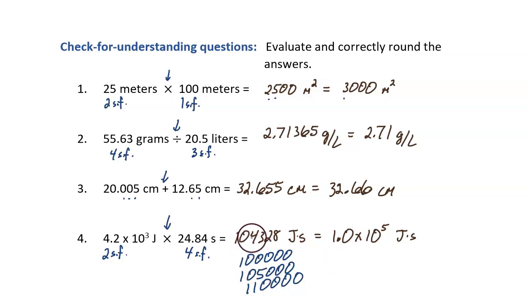That next digit's not 5 or bigger. That's why we use scientific notation. Because in scientific notation, we can make the coefficient have whatever number of significant figures we want. So we round this to 1.0 times 10 to the 5th. This has 2 significant figures.